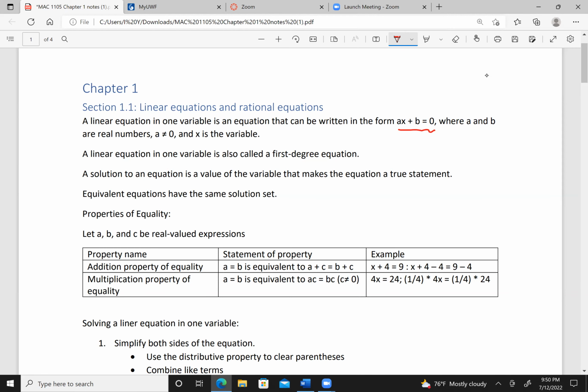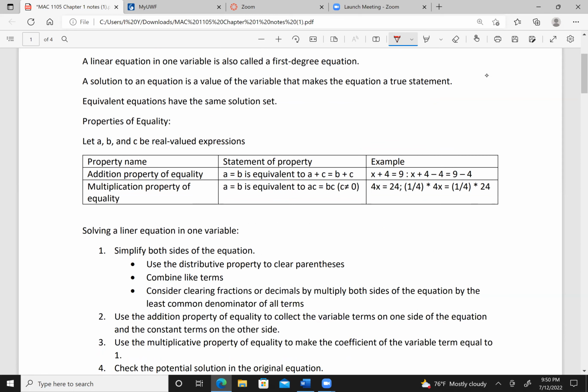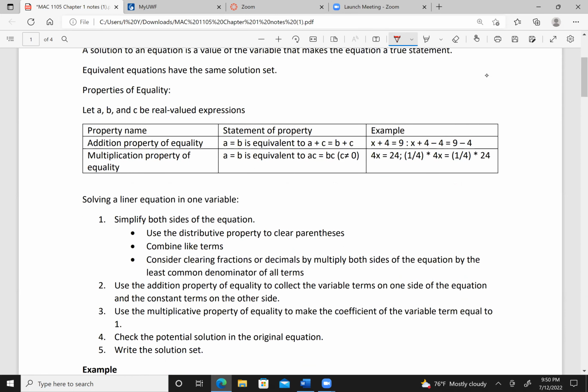So we have some properties of equality, which I'm sure you've dealt with many times before. If we let a, b, and c be real valued expressions, then we have the addition property of equality, which says if a is equal to b, it's equivalent to saying a plus c is equal to b plus c. In other words, we can add the same thing or subtract the same thing for that matter, as subtraction is just adding a negative.